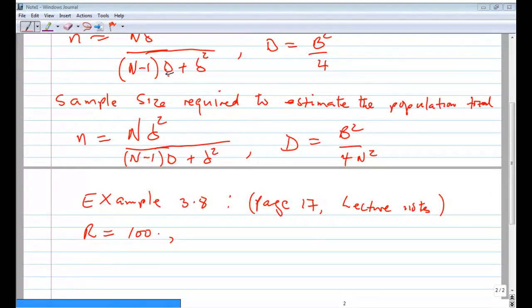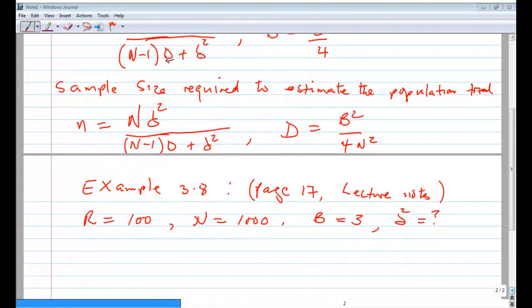Then they gave you the population size, N, which is equal to 1,000. And they gave you a bound, B, which is equal to $3. In this case, we don't have the variance. So let's start by deducing the variance while we have been given the range.